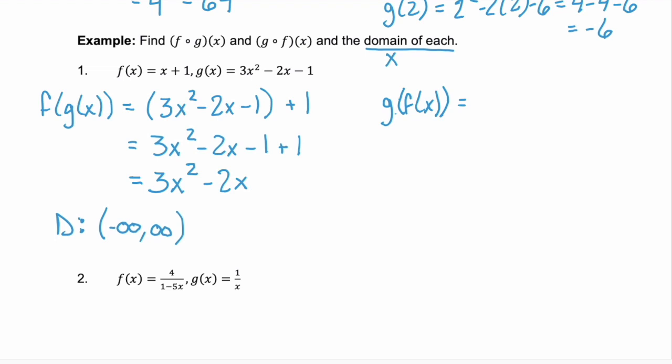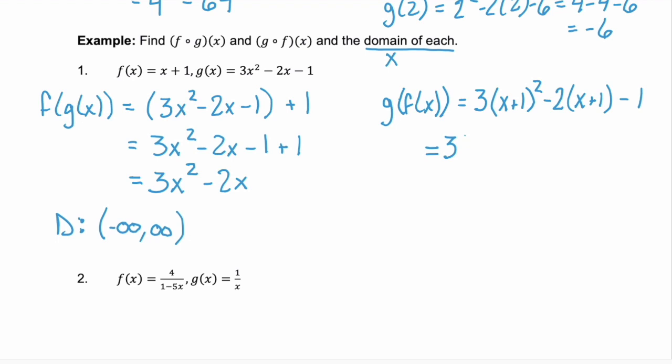Now let's look at finding the composition g of f of x. Remember, this means we're taking the function g, and every place we have an x, we're putting in our f function. So we have 3 times x squared, and x now is the f, x plus 1, minus 2 times x, which is now x plus 1, minus 1. And let's simplify.